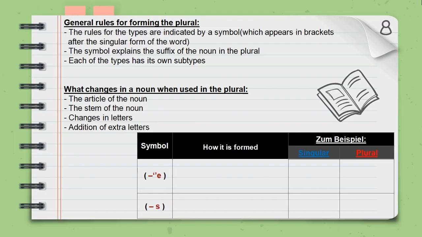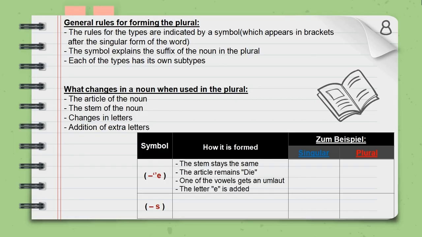For example, we have two symbols, how it is formed, and singular and plural examples. For example, the first symbol means that the stem stays the same, the article remains the same, one of the vowels gets an umlaut, and the letter E is added.